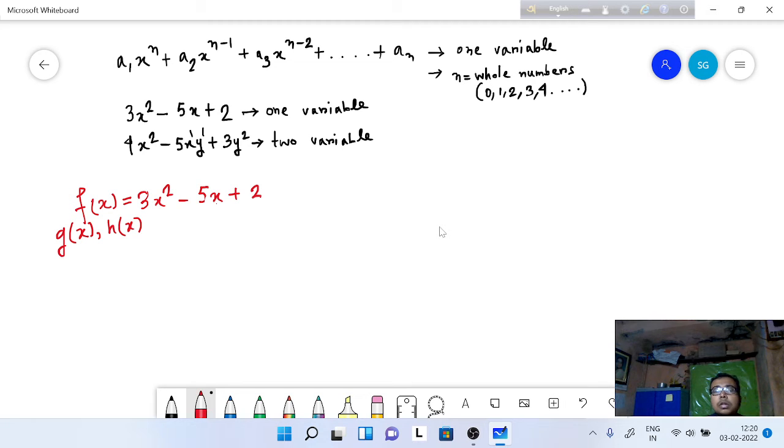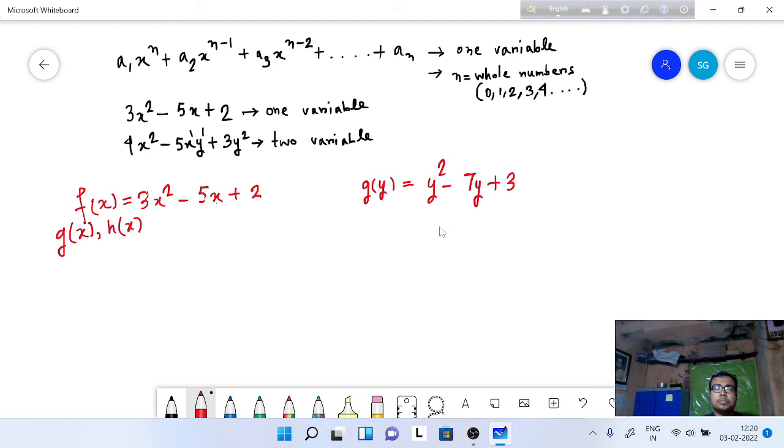Like see, y square minus 7y plus 3. This is a polynomial of variable y, so we can rename it as g of y.